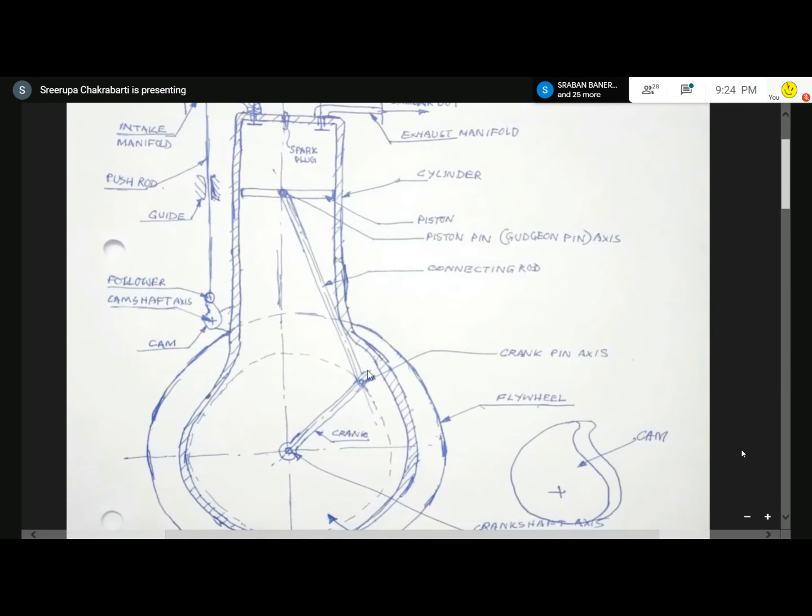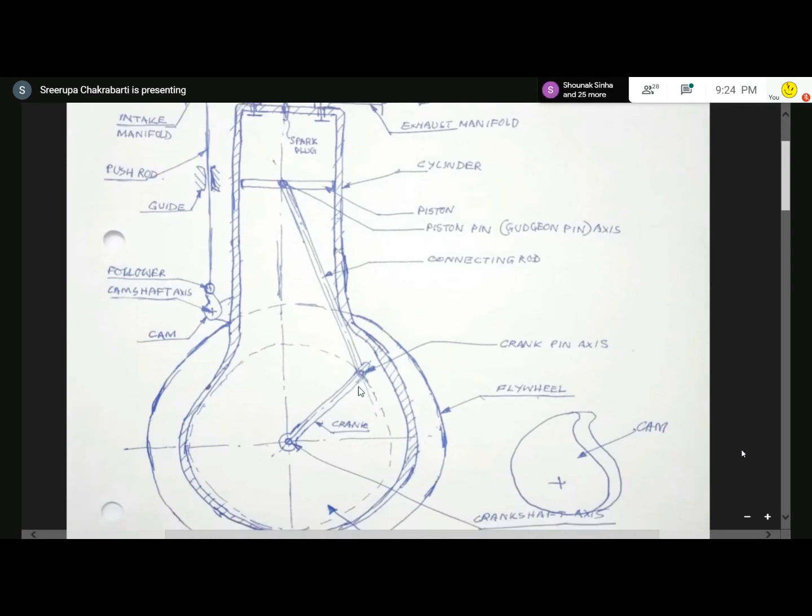When it becomes 180, the crank pin comes here, the crank again becomes vertical, and the piston pin comes to the bottom dead center.